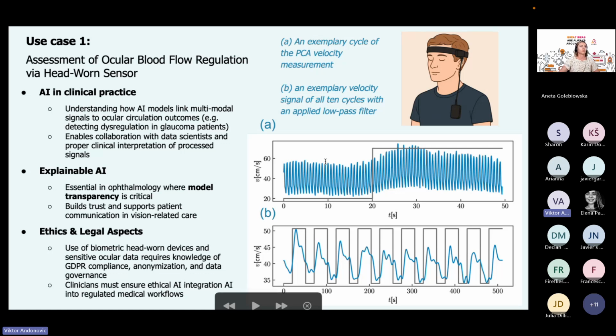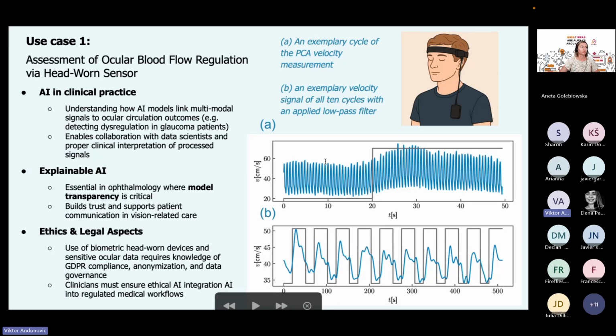So the idea of this experiment was to see the flow of blood to the visual cortex by looking at a patient who opens and closes their eyes.